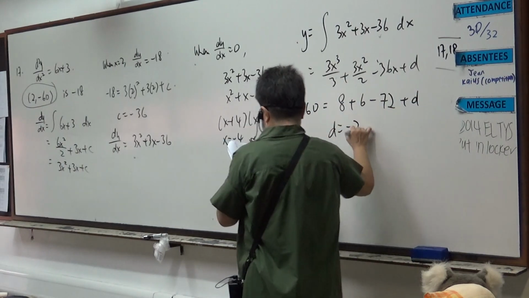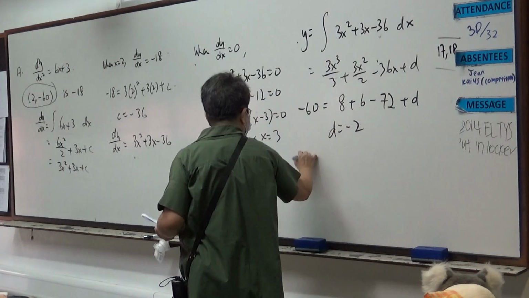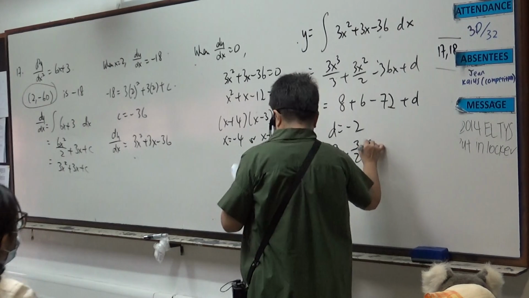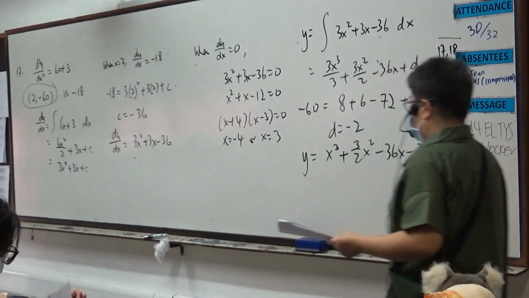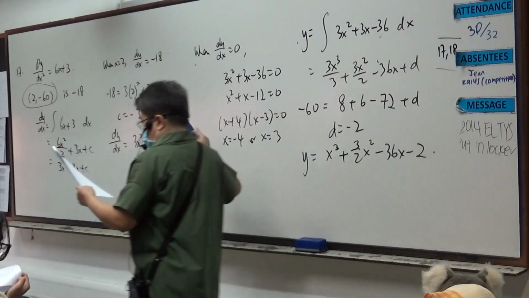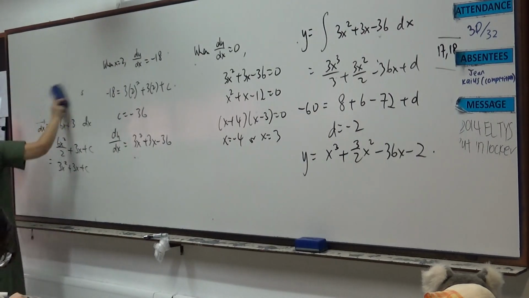You will get d as negative 2. Will you get that? Okay, so the equation is y equals x cubed plus 3 over 2 x squared minus 36x minus 2. Okay, now I'm going to get the coordinates already, of the stationary points.